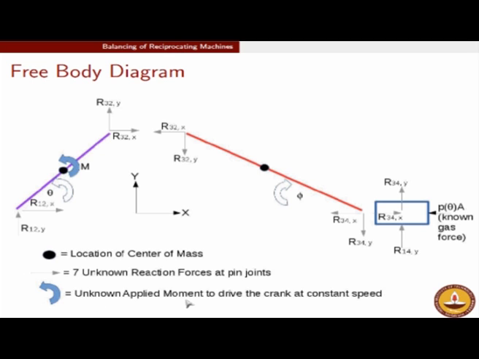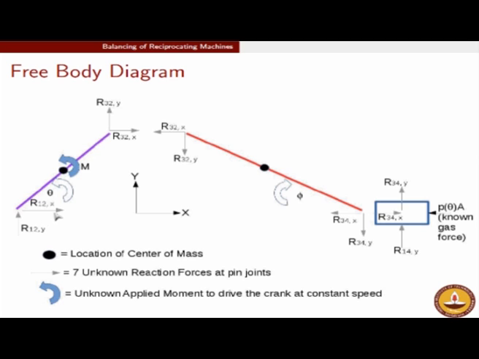So there is one unknown applied moment to start with, but all the reactions at all the joints are also unknown. For example, you will remember that the crank is connected to the frame at a revolute joint. If I draw the free body diagram of the crank alone, then I should account for the interaction forces between the crank and the frame, which I am calling R12.